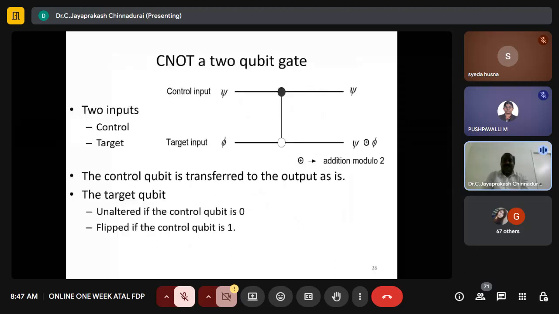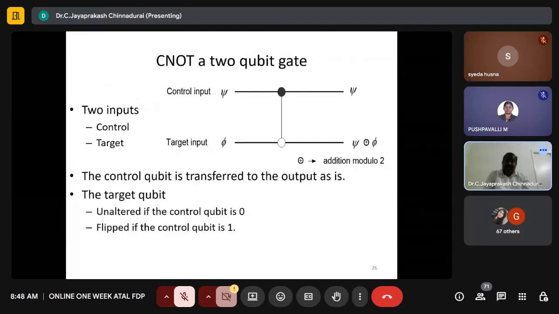And again we go for the CNOT, a 2 qubit gate. There is a control input and a target input. We already discussed the same thing with the CNOT example. The main important point is we have two inputs, one is the control input and the other is the target input. The control qubit is transferred to the output as is.